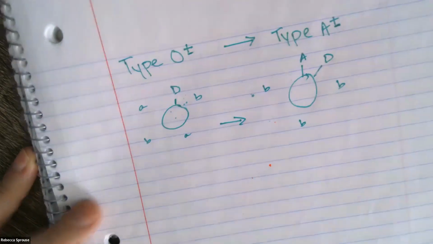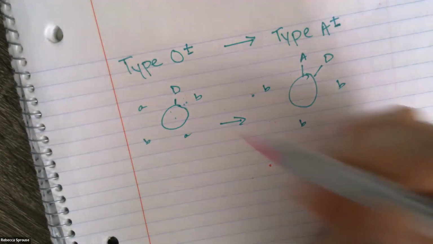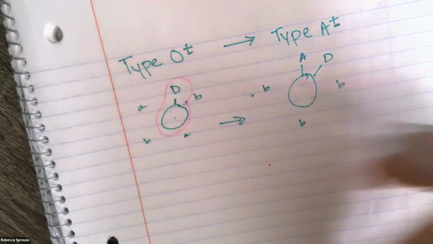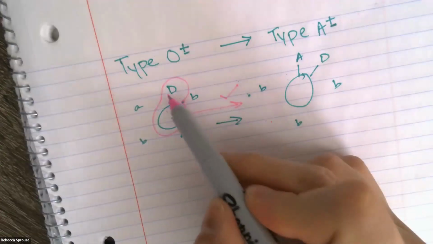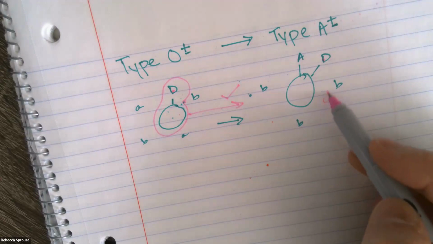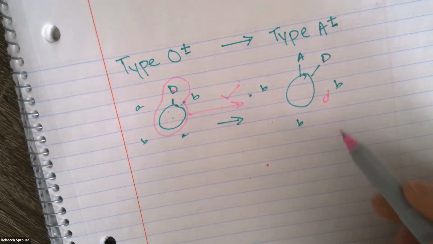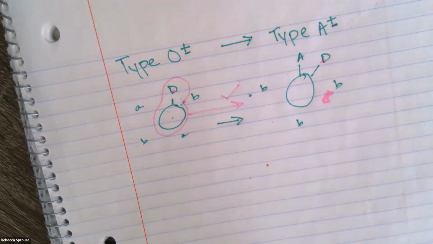What types of transfusions could occur here? Yeah, right. This D and this D doesn't matter if they're the same letter. We just care if there's little antibodies with the little d over here that are going to react, and there's not because they have the antigen on their surface.